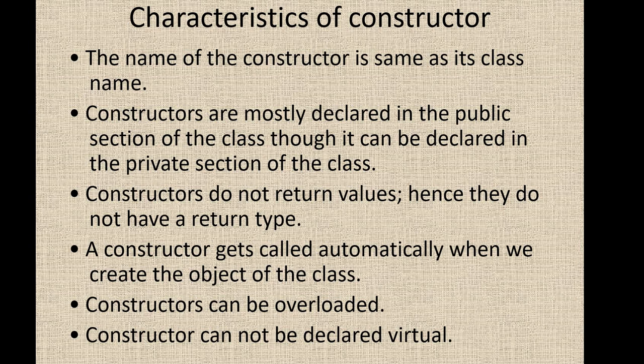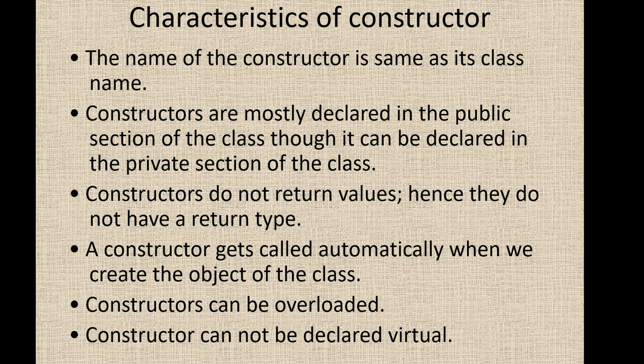In general, normally what we do is define all the constructor methods only in the public access specifier mode. Then the next point, constructors do not return any value, hence they do not have a return type. We only write the class name and a list of parameters.